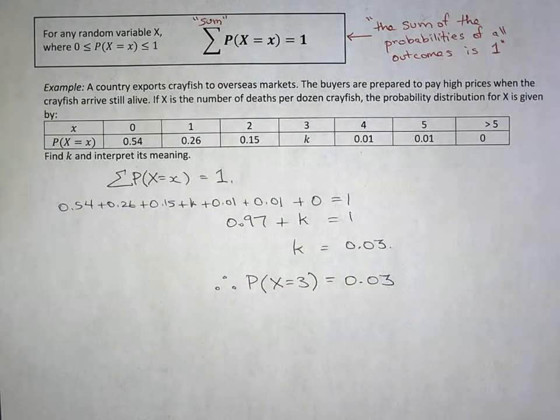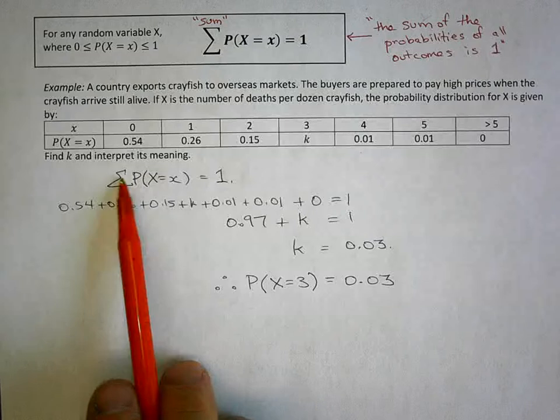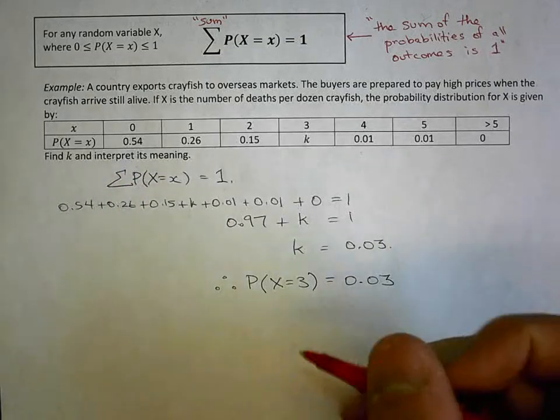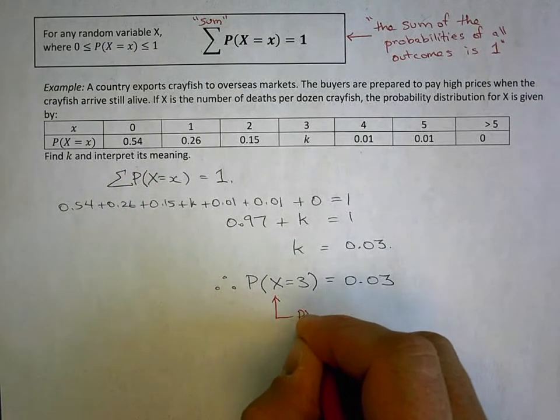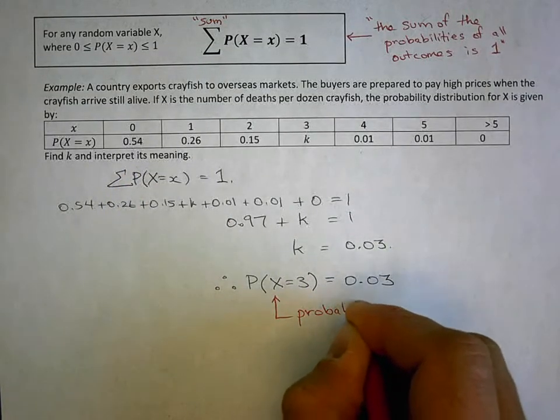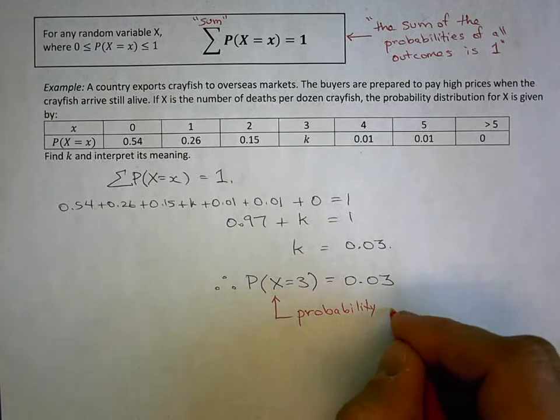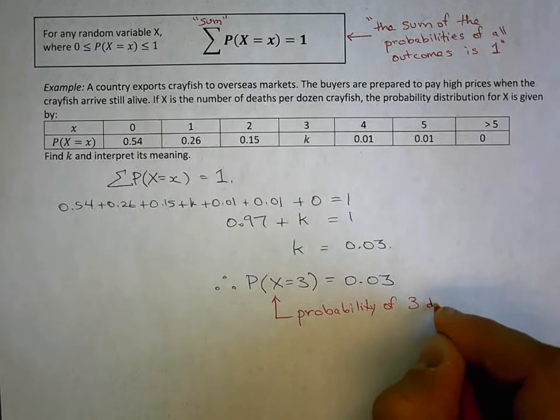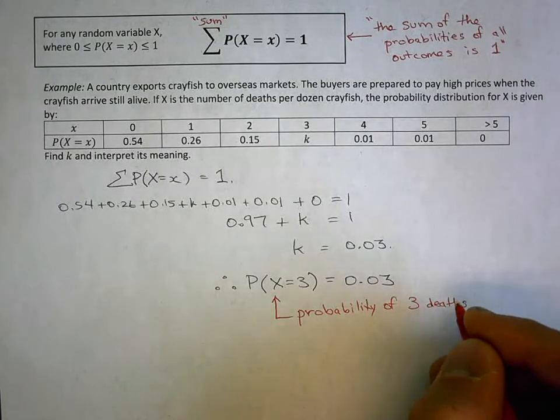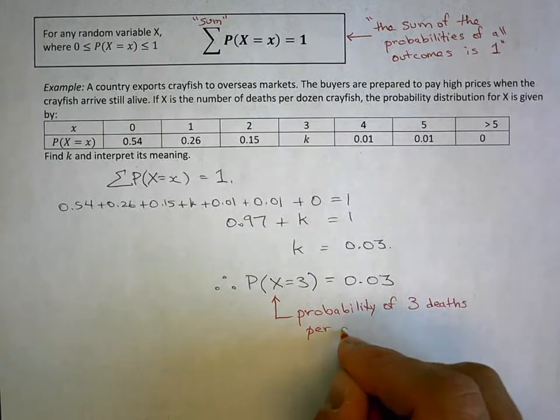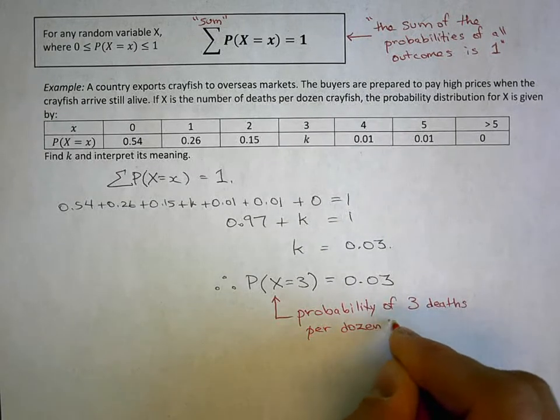So interpret the meaning. What does this mean? This means the probability of 3 deaths per dozen is 3%.